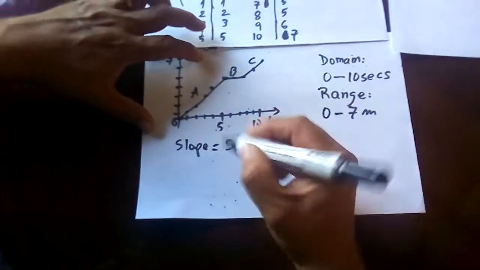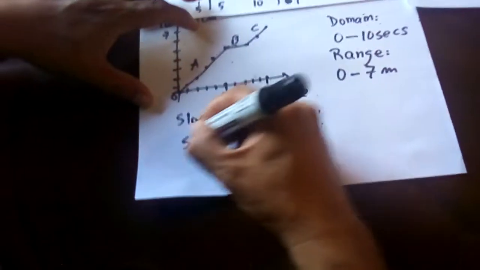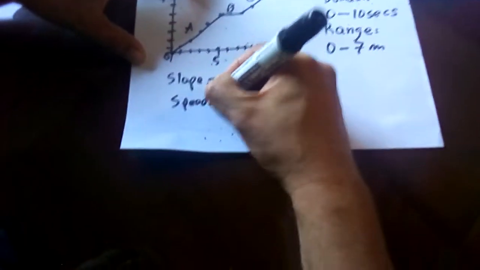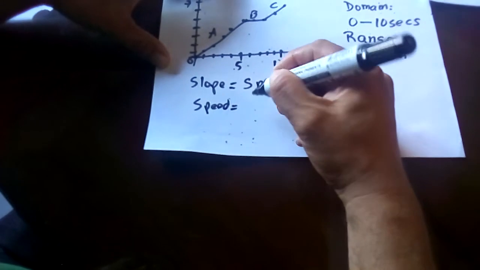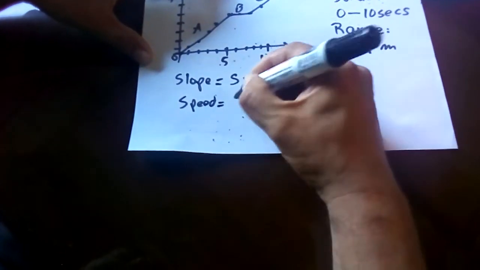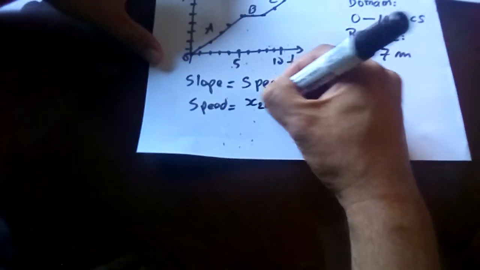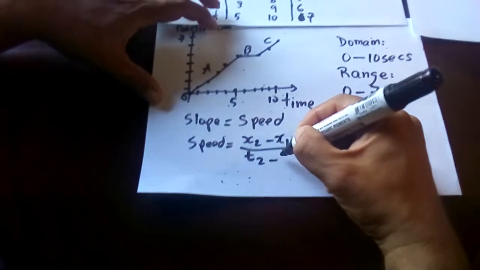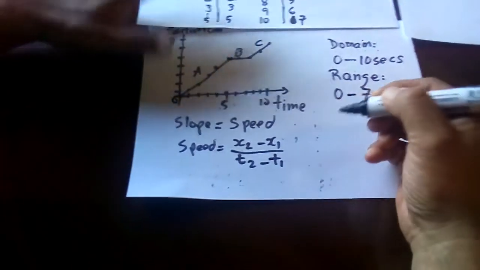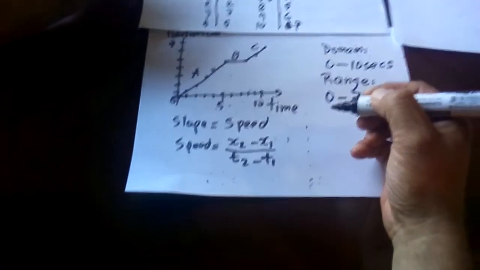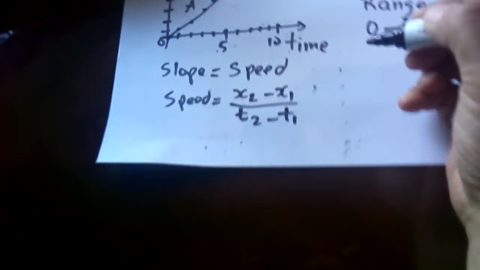And this is found from the formula that says the speed is position 2, x2 minus x1, over t2 minus t1. So using this simple formula, we can calculate the speed for the three different segments.